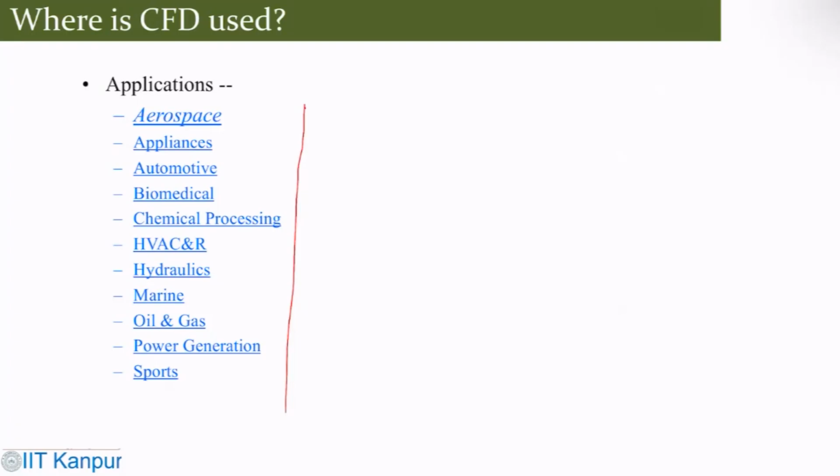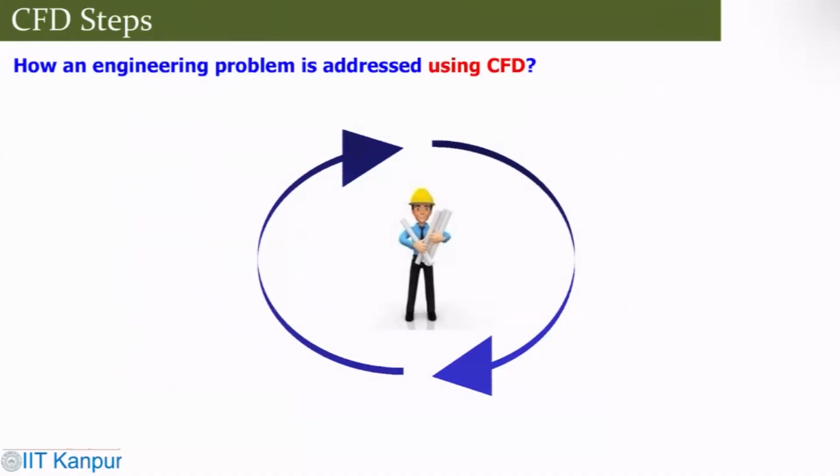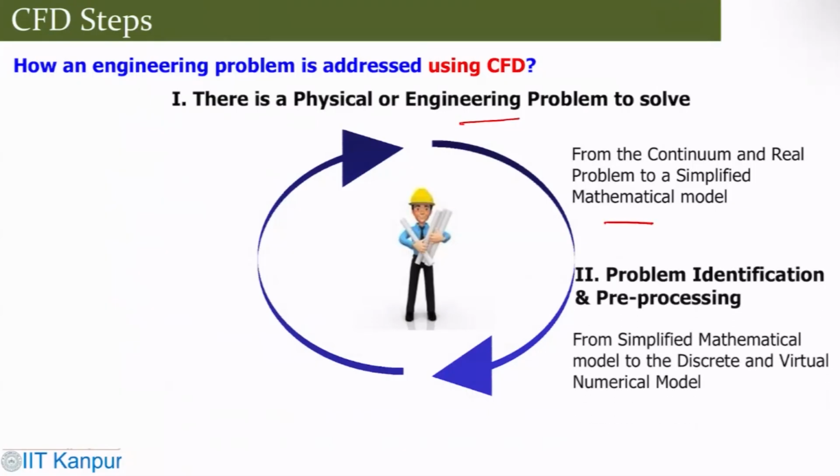That's how CFD is applied. Now, the CFD solvers: there are commercial solvers available, there is in-house capability, there are academic solvers, and there are open source codes. These days there are plentiful open source codes that one can use. How this problem is solved, we have talked about. The physical problem you want to solve goes from the continuum real problem to a simplified mathematical problem.